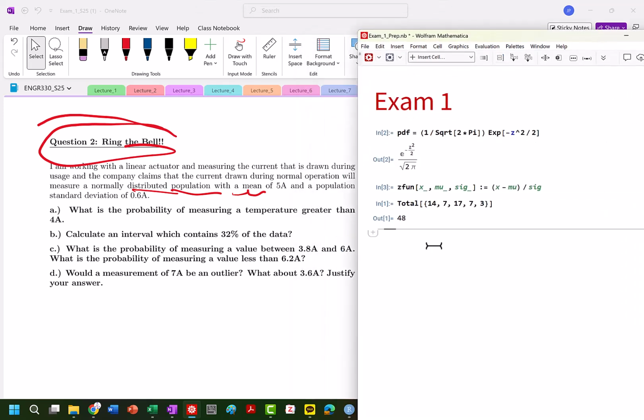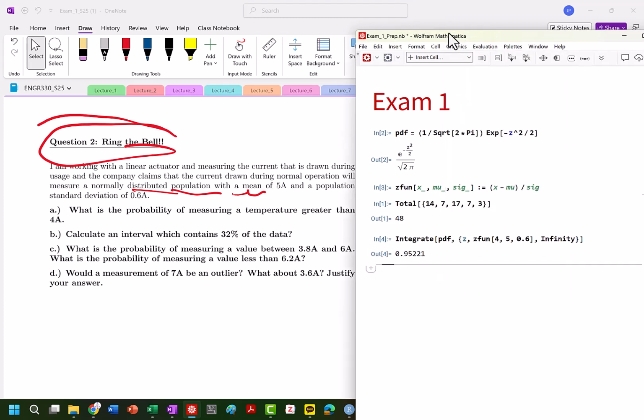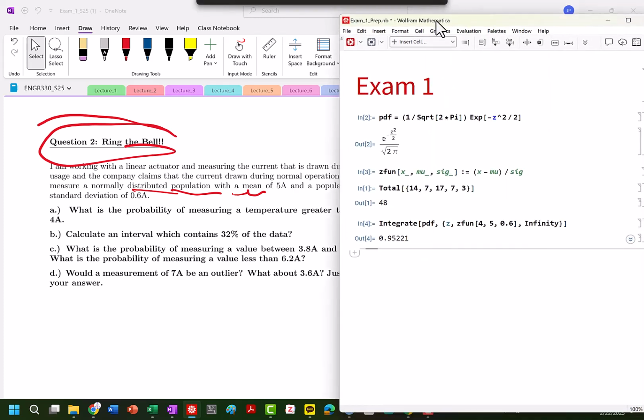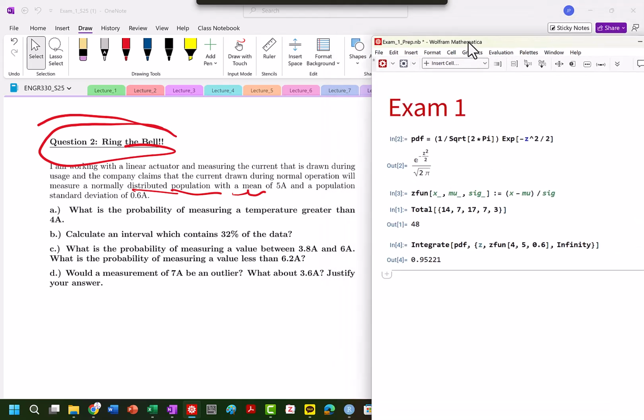That means I need to integrate my PDF function from a z value from my z function, where x is 4, my mean is 5, and my sigma is 0.6. When I integrate from that z value to infinity, that's the probability. Great. So there we go.